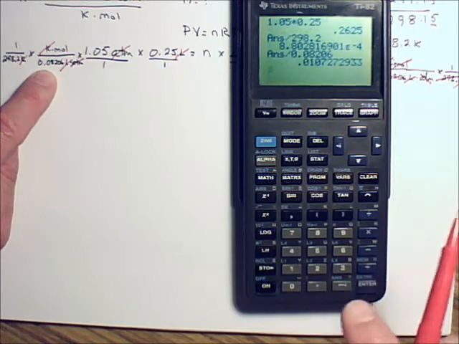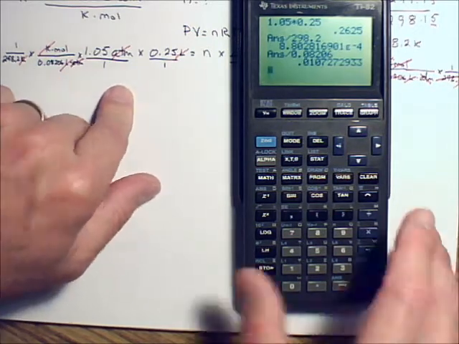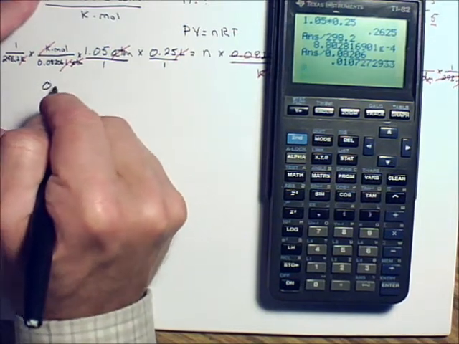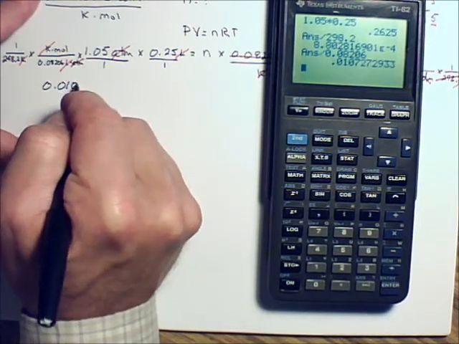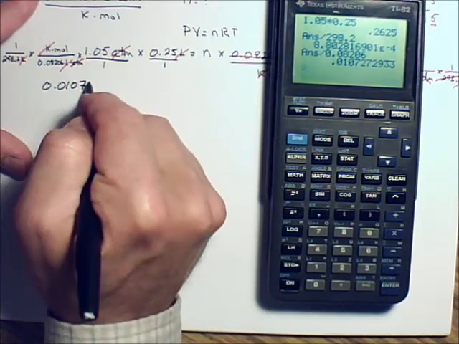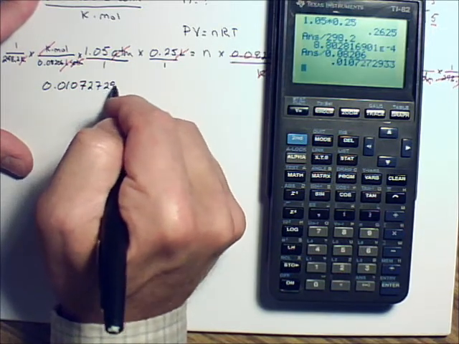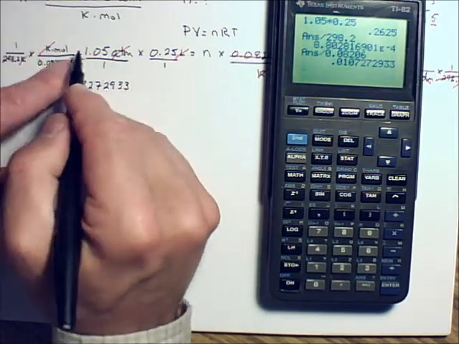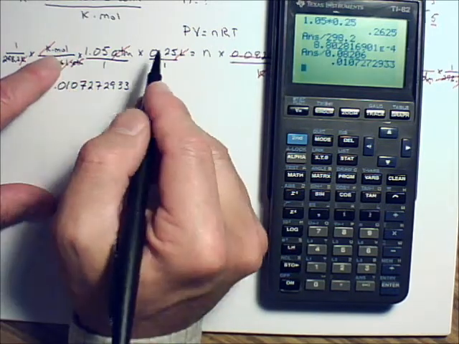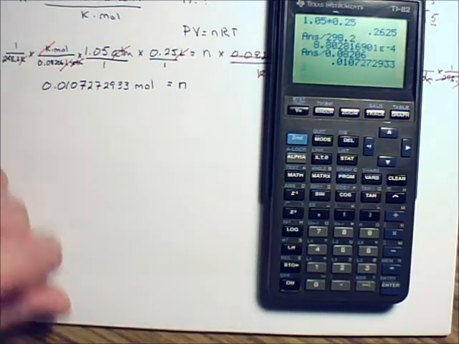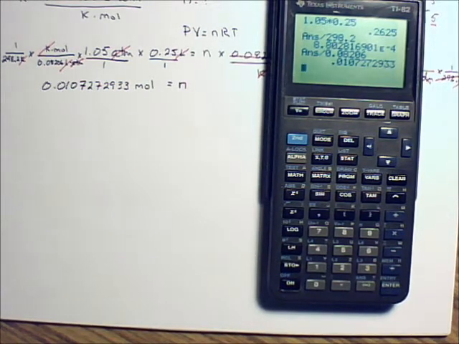Hit enter. And that's the answer I'm looking for, at least initially, because I still have to round off. So 0.0107272933. The units we have left here, moles, and that equals N. Okay? Yes?